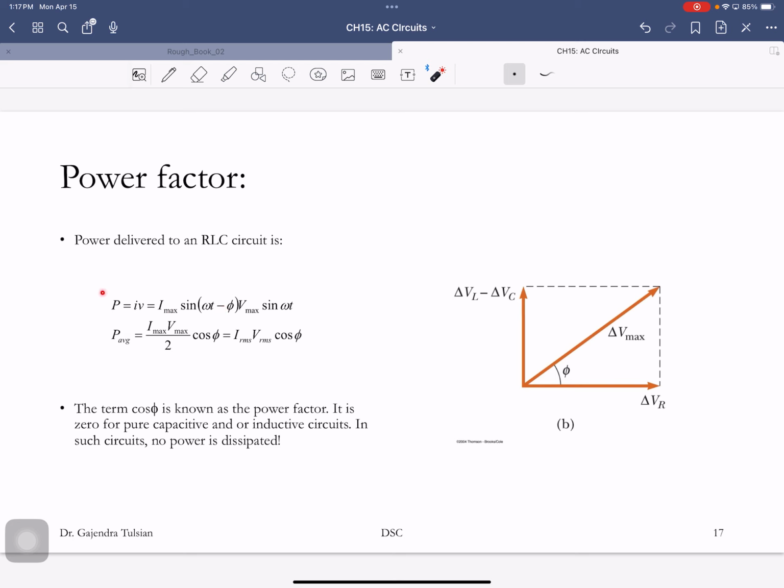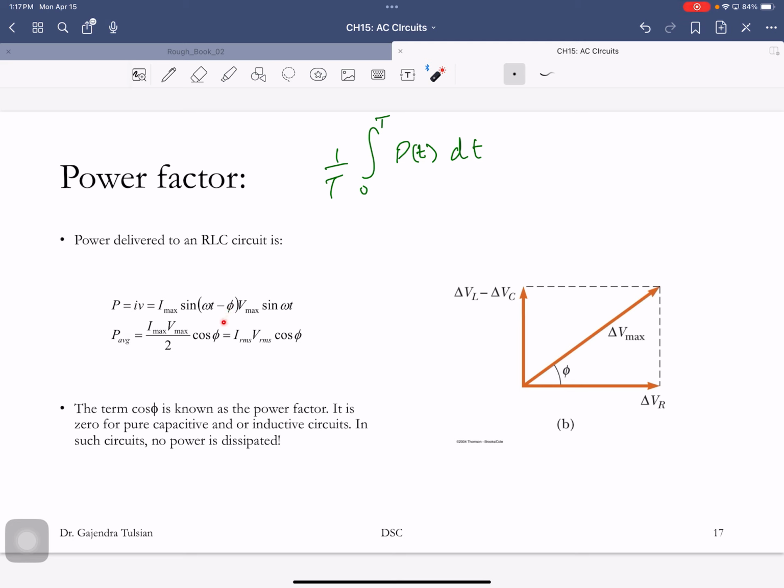All right, so what you do is you take the time average of that. So that's the instantaneous power, and here's how you take the time average. So you integrate that over one time period. If you integrate this, here's what you get. I max, V max divided by 2 times cosine phi.